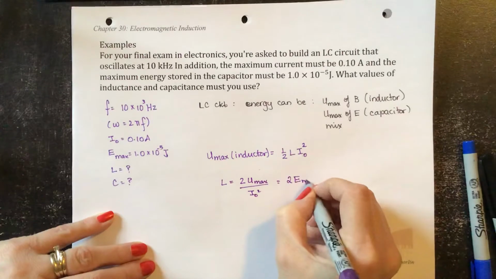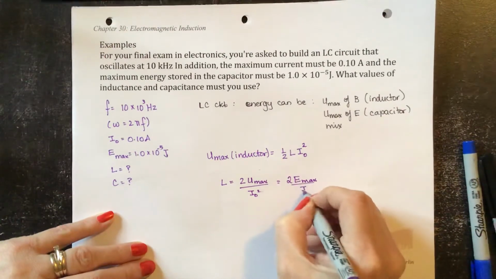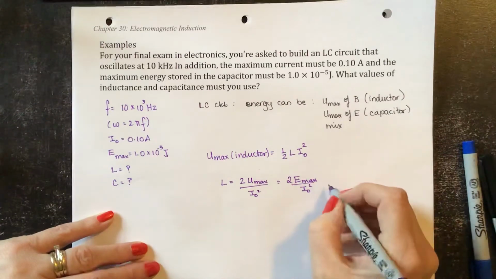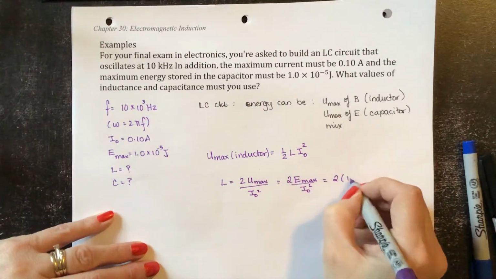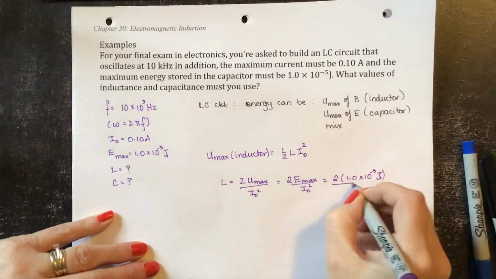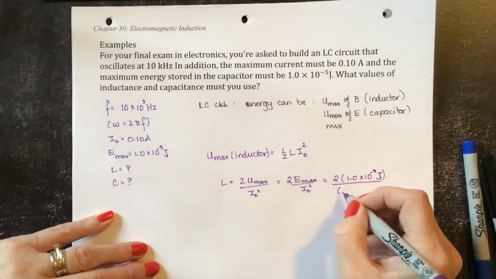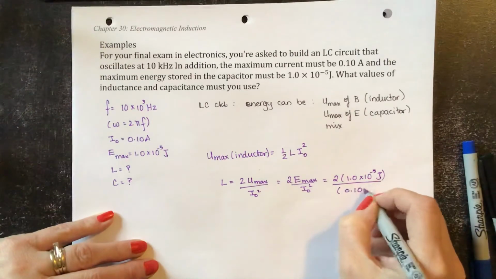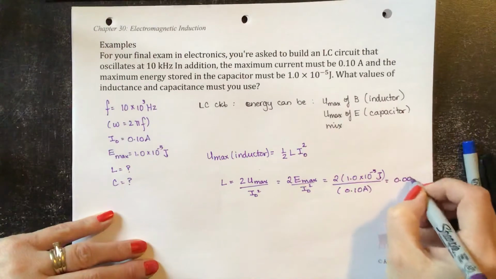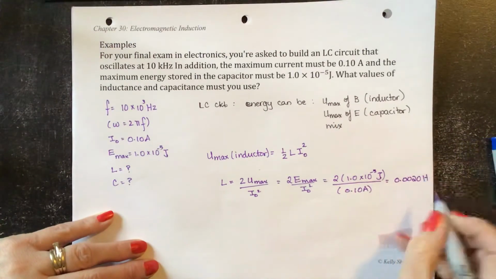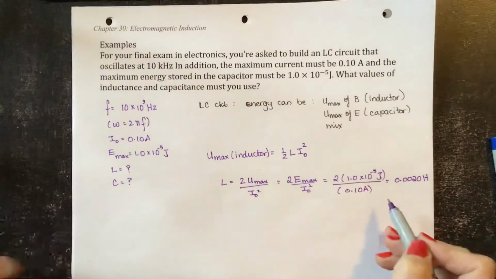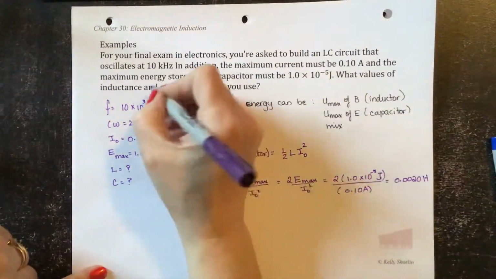We remember that U maximum is the same as E maximum, so all of the energy is stored in the magnetic field in the inductor. 2 times 1 times 10 to the minus 5 joules divided by I0 squared. Our I0 was 0.10 amps. That gives us an inductance of 0.0020 henries, or you could say 2 millihenries if you prefer. Okay, so there's our inductance done.